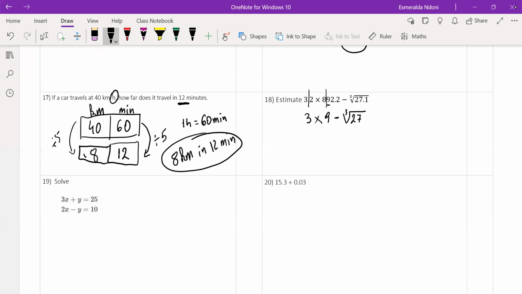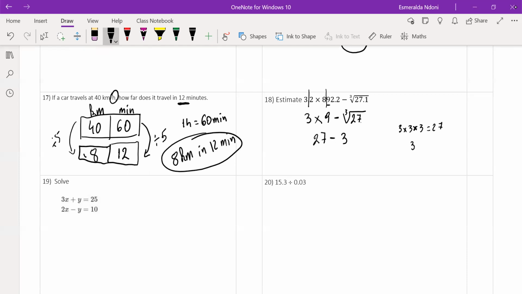The cube numbers round to 2 SF for easy calculations. All we do now, we work out. 3 times 9 is 27. You need to ask yourself, what number did I multiply by itself 3 times to get 27? And that is 3, because 3 times 3 times 3 is 27.